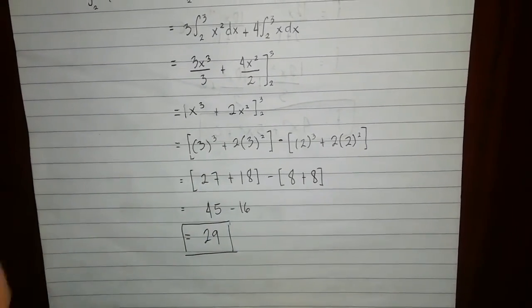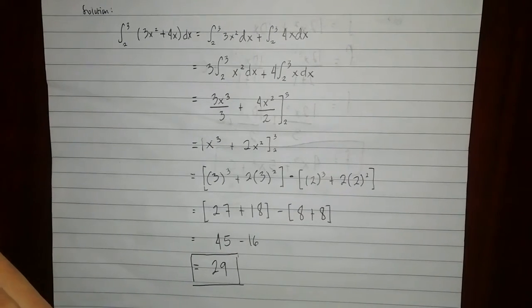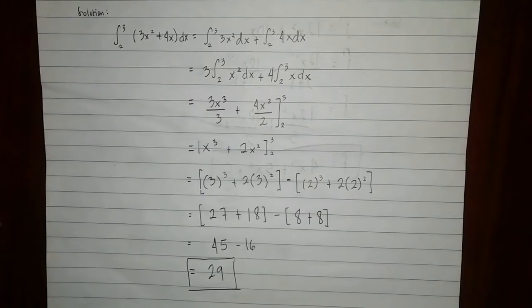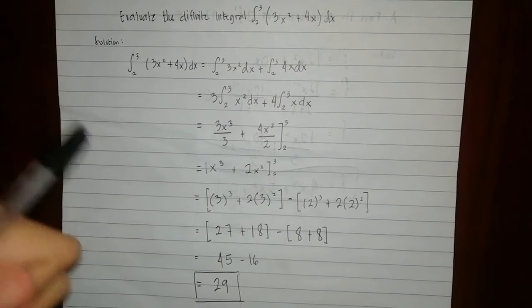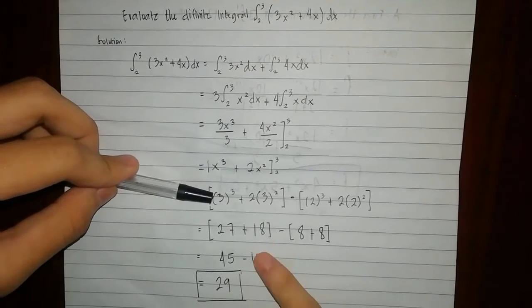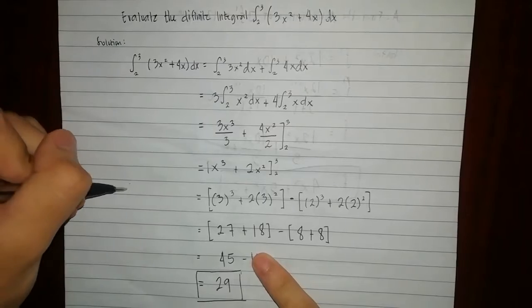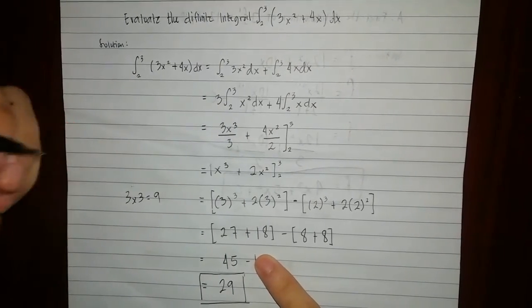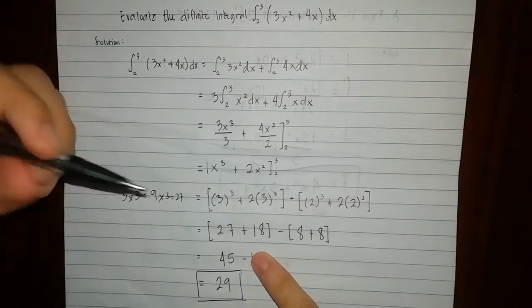To simplify it, we're going to use PEMDAS. So we're going first to find the results from the exponents. 3 raised to the power of 3 results in 27, because 3 times 3 is equal to 9, then times 3 is equal to 27. That's how it goes.